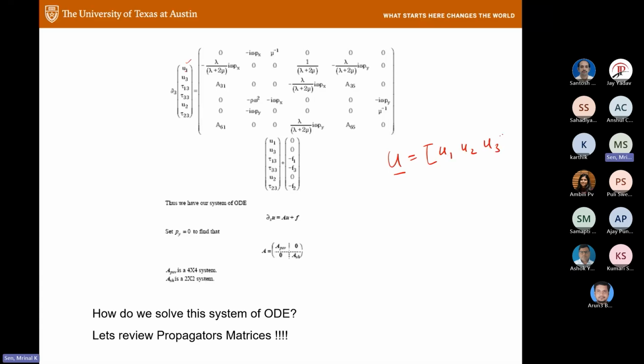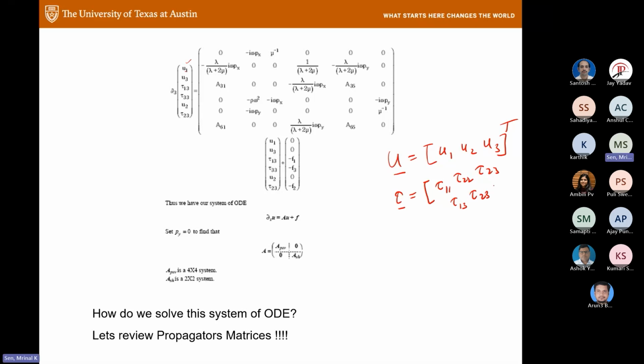And our stress, I can now write it as a column vector tau, and this has six components. You can say tau 1 1, tau 2 2, tau 2 3, tau 1 3, tau 2 3, and, yeah, there are five components.